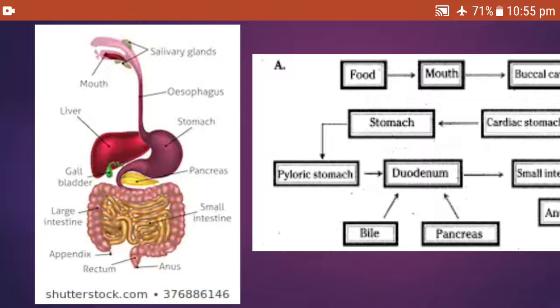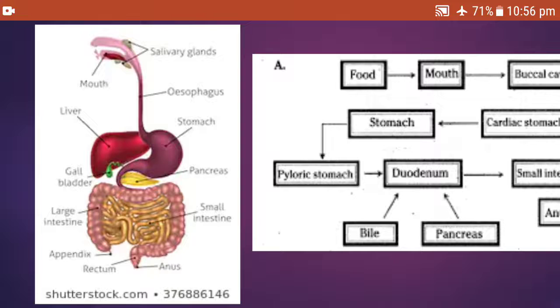In the stomach, gastric glands are present, and the gastric juice contains the enzyme pepsin, which acts on proteins and converts them into peptones. As I told you, HCl will change the food in the stomach. The food in the mouth is in the alkaline state, whereas the food in the stomach is in the acidic form. And this HCl will kill the bacteria also. Now the food becomes soupy, so it is called chyme.